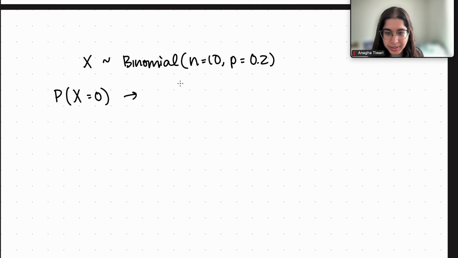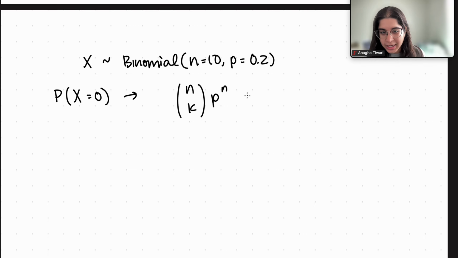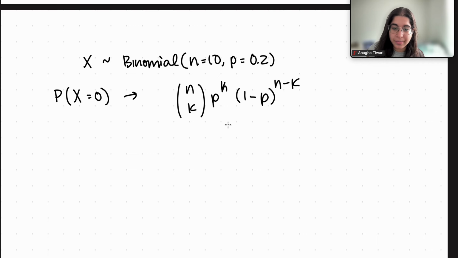I know it's going to be something like n choose k times p to the power of k times 1 minus p to the power of n minus k. So that is going to be our probability mass function of the binomial distribution.